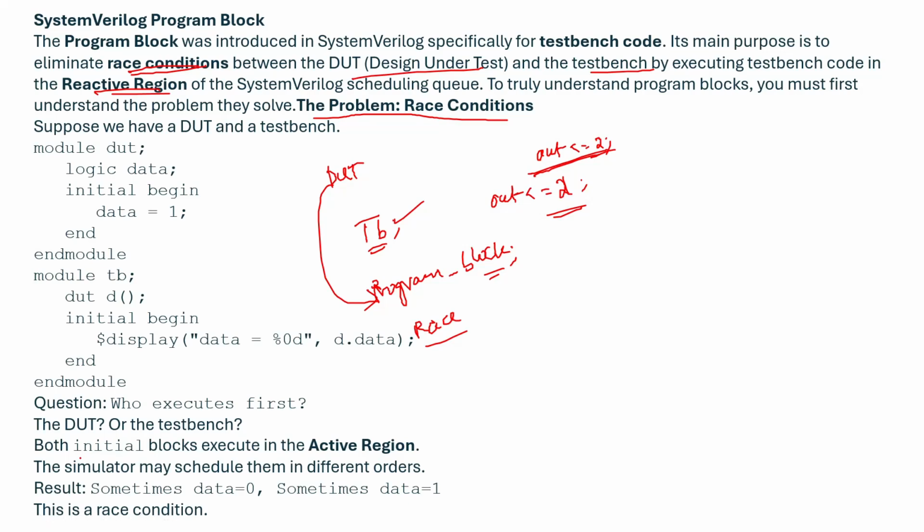See, both the initial blocks are executed in the active region. Here an initial begin block is there, and here also an initial begin block is there. Here the writing is not completed, but he is reading here. The data display means reading, right? Getting the data. Here I have not completed the data, so the simulator may schedule them in a different order, like sometimes data equal to 0, sometimes data equal to 1. I am initializing the data, and my simulator will remember the first data only.